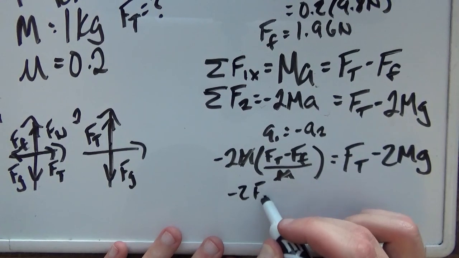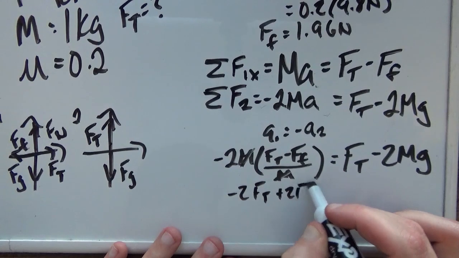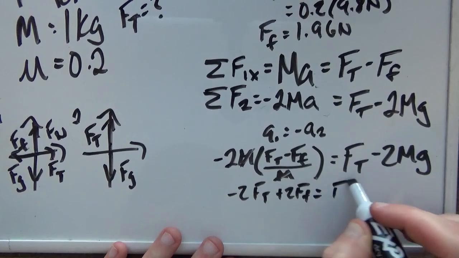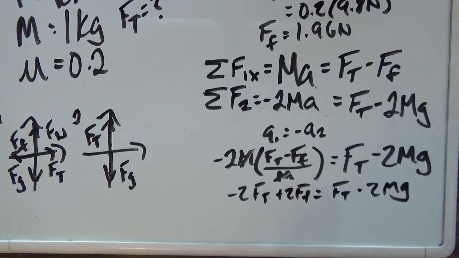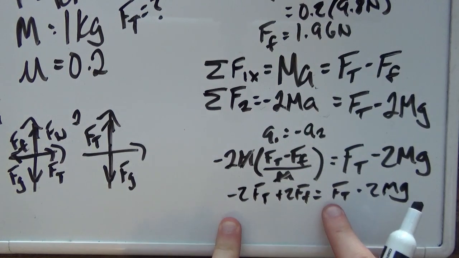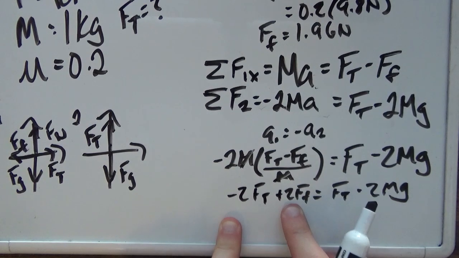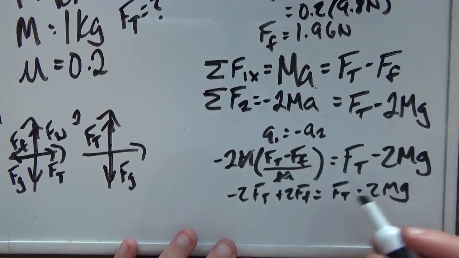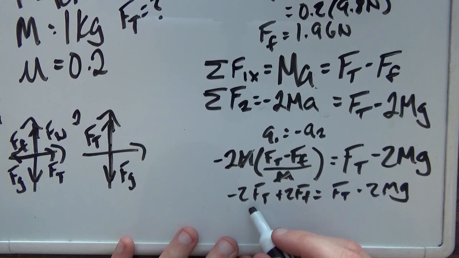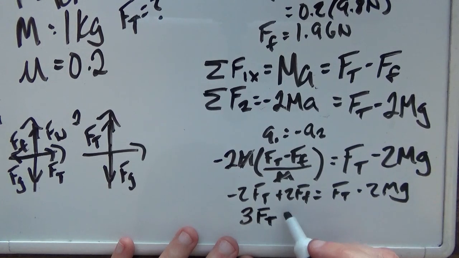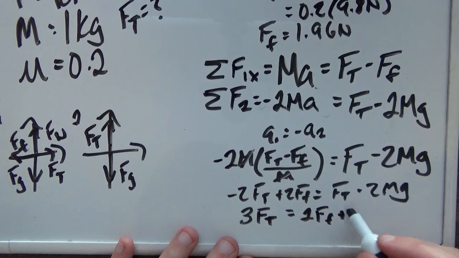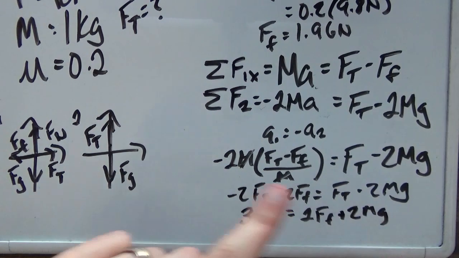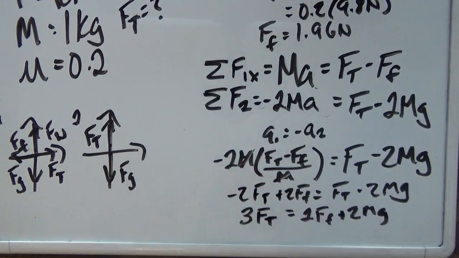Negative 2ft plus 2ff equal to ft minus 2mg. We can move this ft over, move this mg over, and what you would get is 3ft is equal to 2ff plus 2mg. I just flip-flopped this. Obviously it would be written the other way.